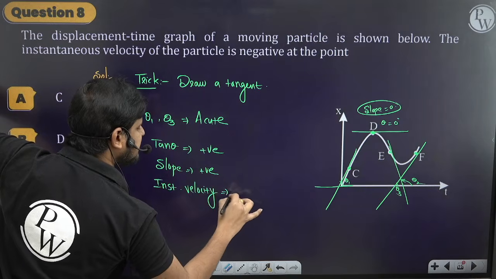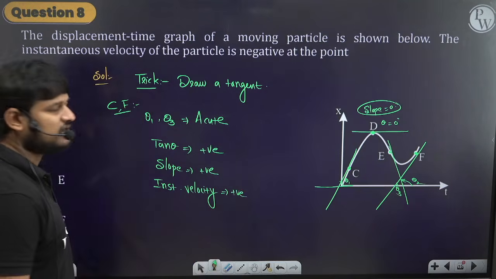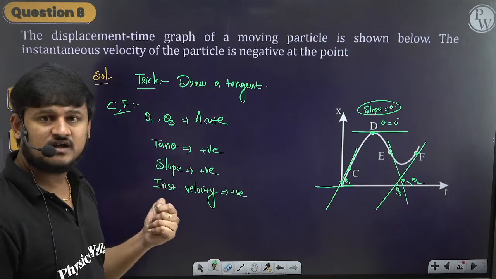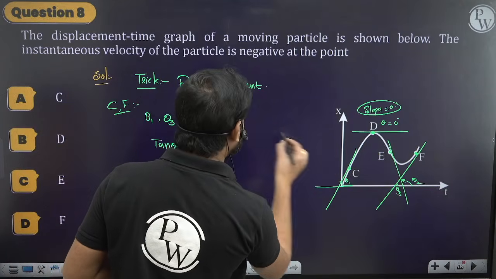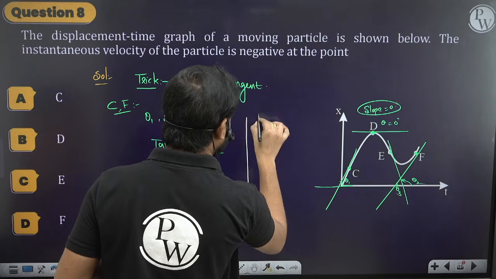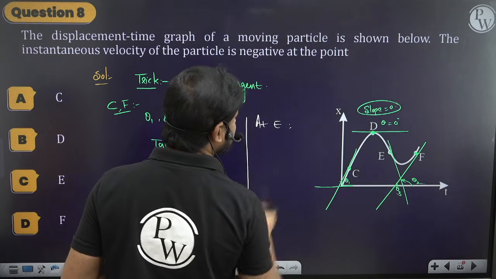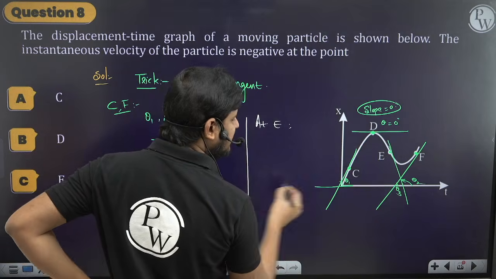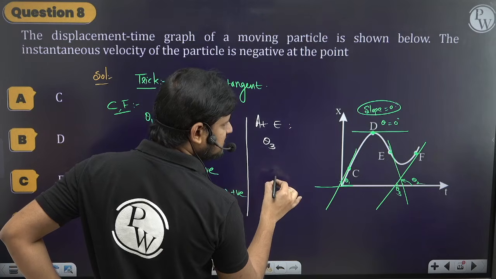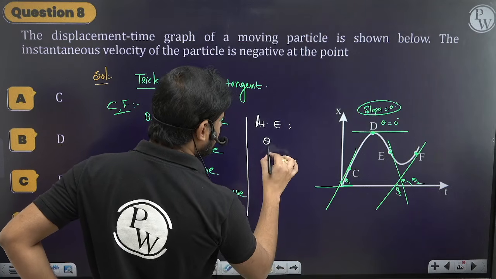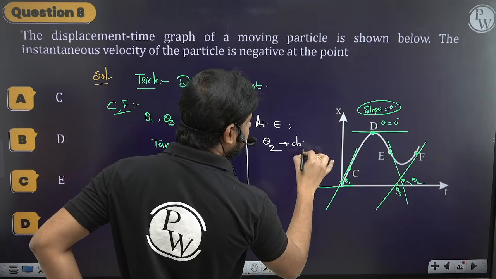Clear? Next, at point E, the slope angle is theta 2, and it is obtuse.